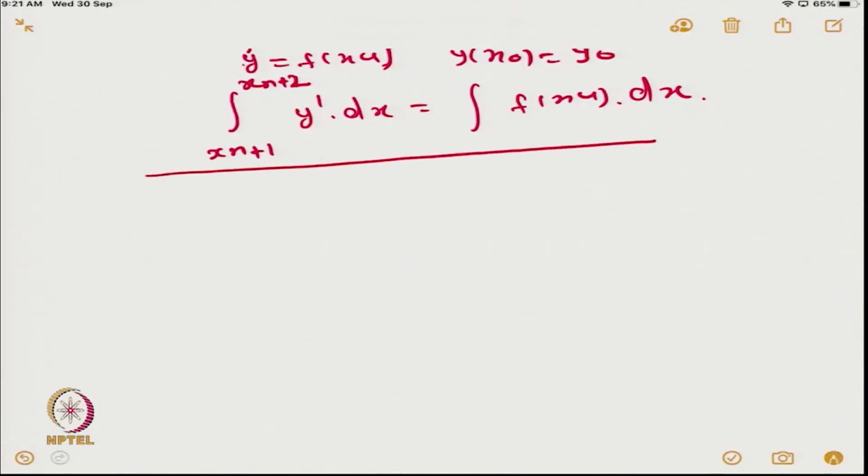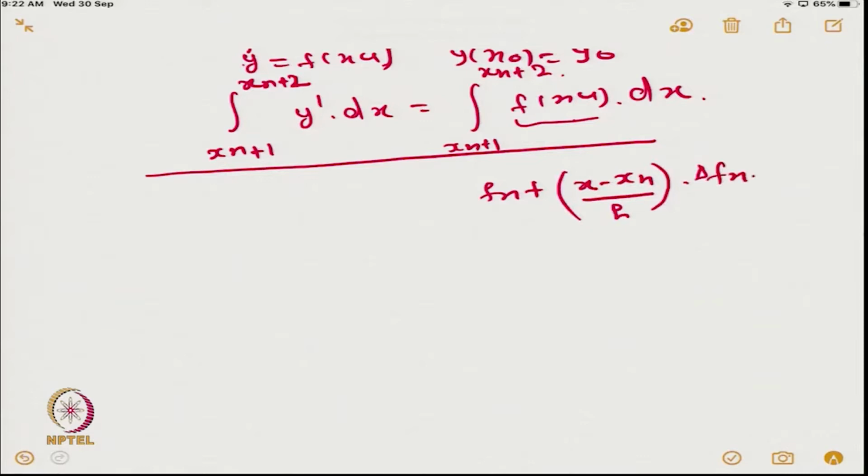And we approximate this function with Newton's interpolating polynomial, which you remember from the previous part of this course when you derived the interpolating polynomials. So, this will be fn plus x minus xn times delta of fn.